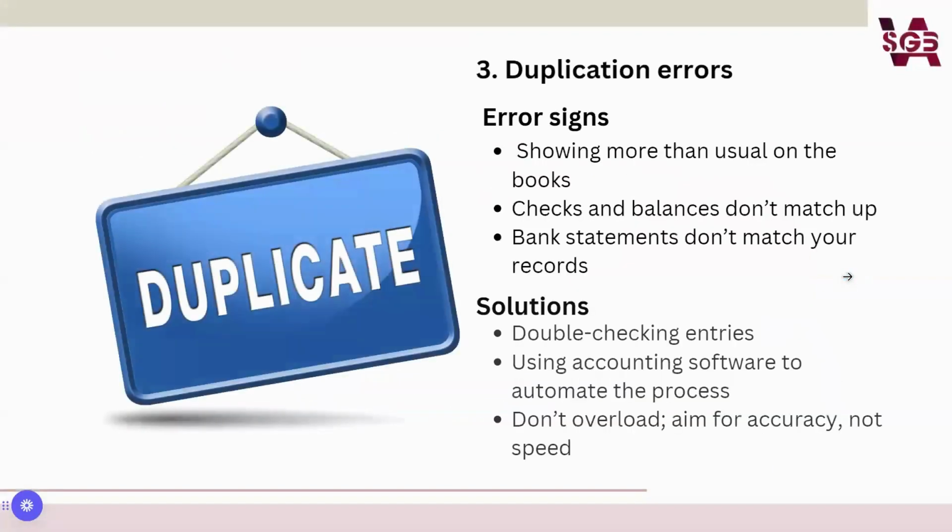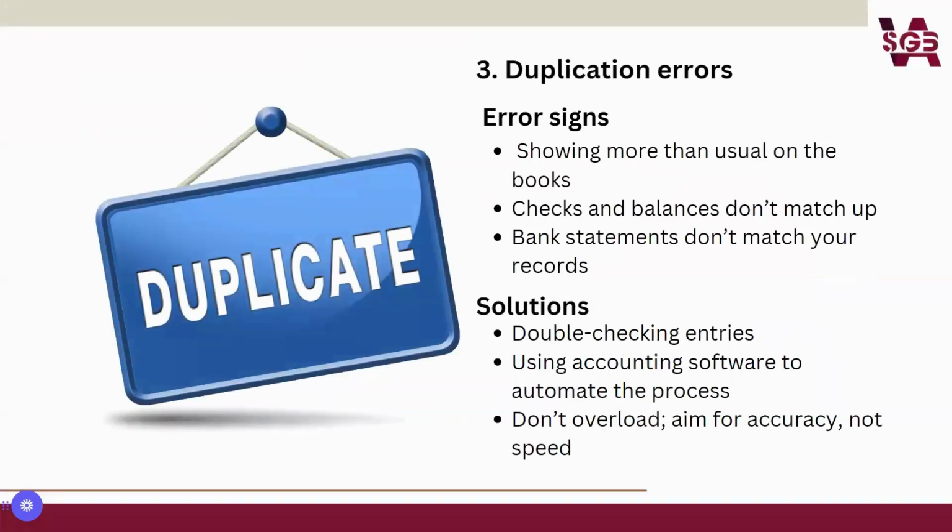The third type of error is duplication error. Instead of omitting certain information, you duplicated it. How will you know if there's a duplication error? First, there is more than usual showing on the books, checks and balances don't match up, and bank statements don't match up with your records.